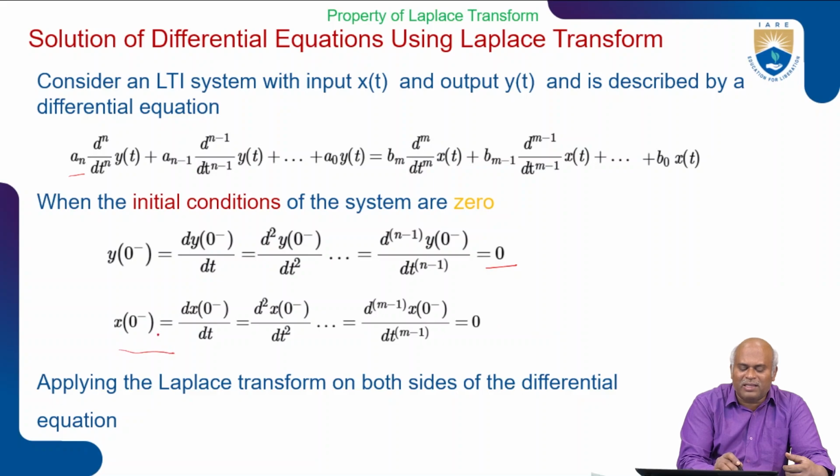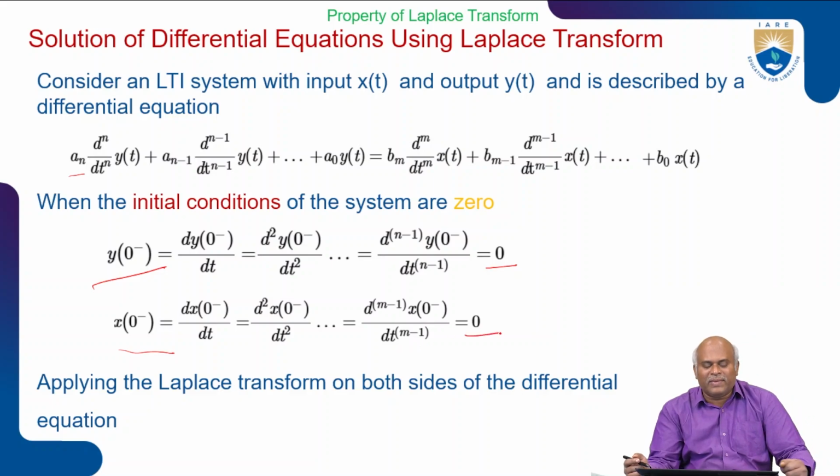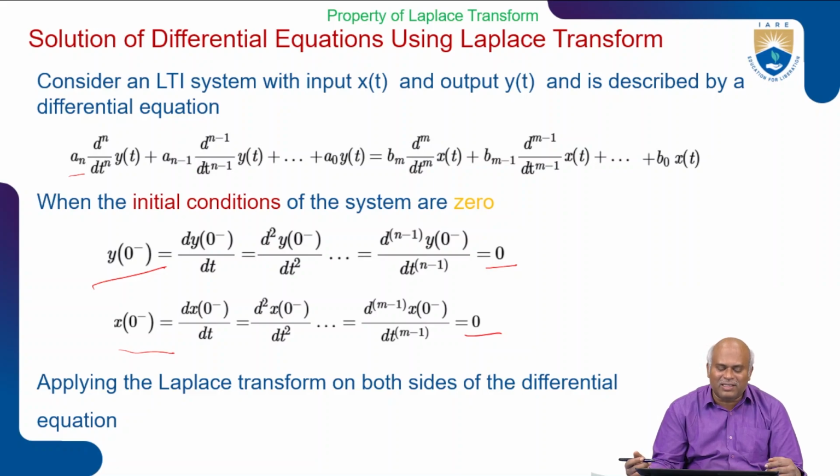So on the input side, x(0-) equal to dx/dt(0-) equal to d^2x/dt^2(0-) equal to up to d^(m-1)x/dt^(m-1)(0-), all values are 0. That means the initial conditions of the system we consider as 0.